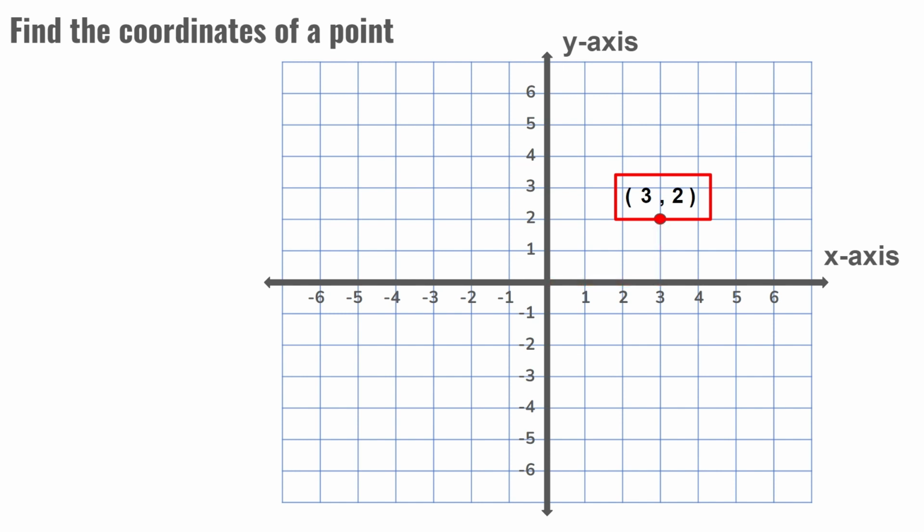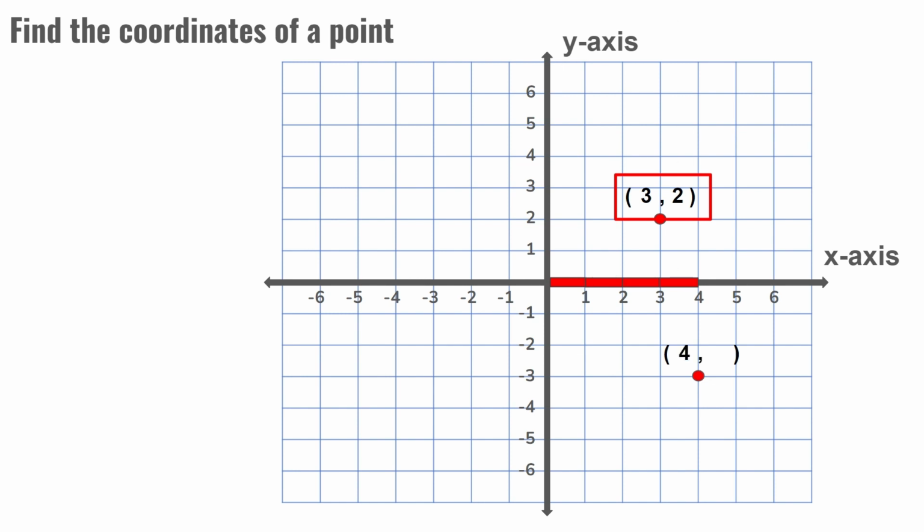Okay, let's find the coordinates for another point. So which direction along the x-axis should we move, and how many spaces should we move in that direction? That's correct. We'll need to move 1, 2, 3, 4 spaces in the positive direction, which means the first number in the coordinates of the point is +4.